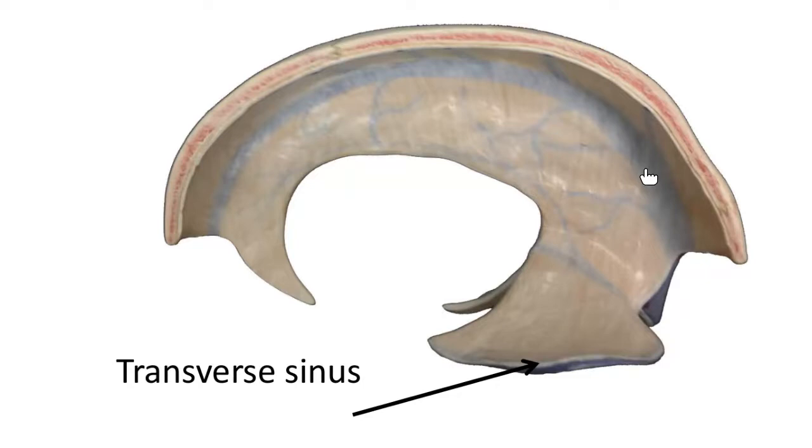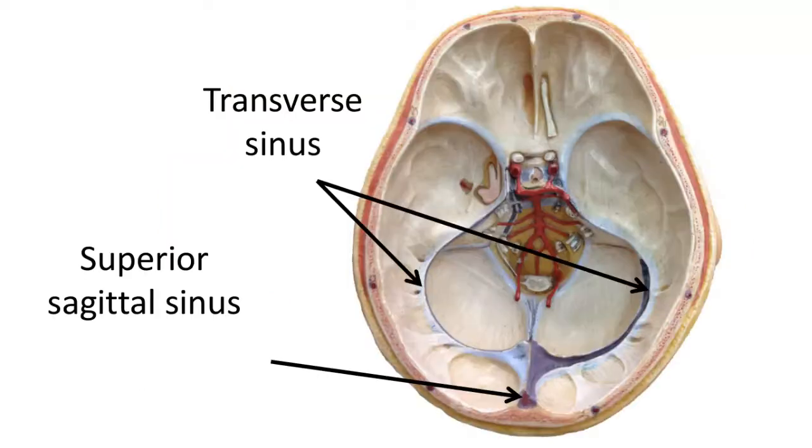This right here along this border or margin of the tentorium cerebelli, that is the transverse sinus. You can see it a little bit better here. That is the transverse sinus here and here. And then you can see here the superior sagittal sinus.